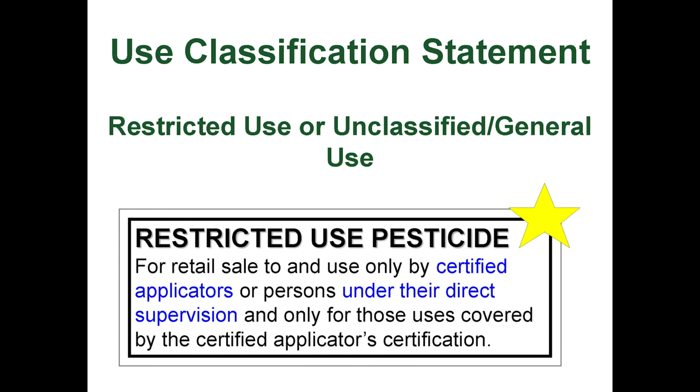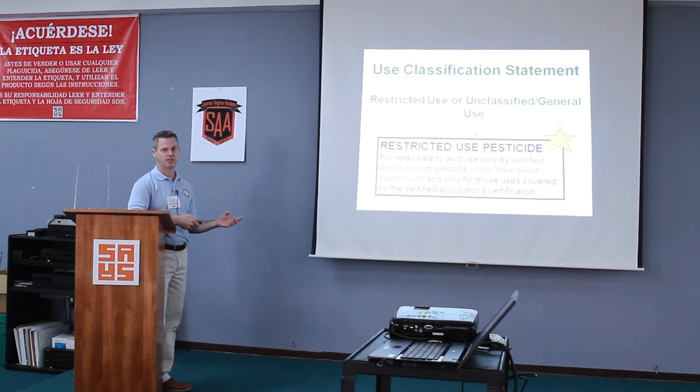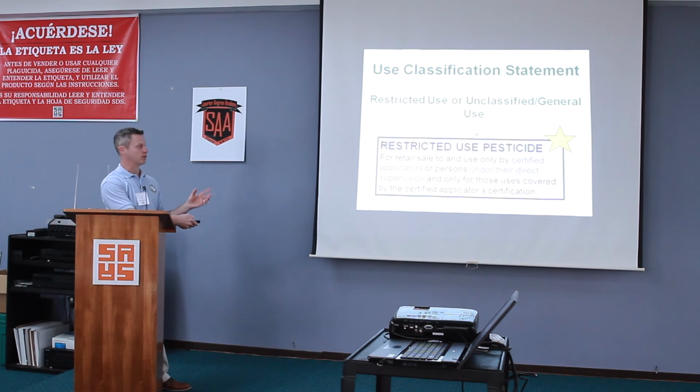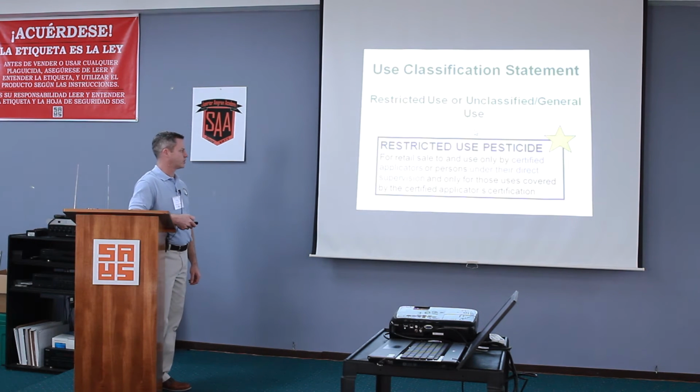Now again, restricted use or general use or unclassified is a statement required on all labels. So you'll see, if it is restricted use, this statement: restricted use pesticide for retail sale to and use only by certified applicators or persons under their direct supervision, and only for those uses covered by the certified applicator certification.